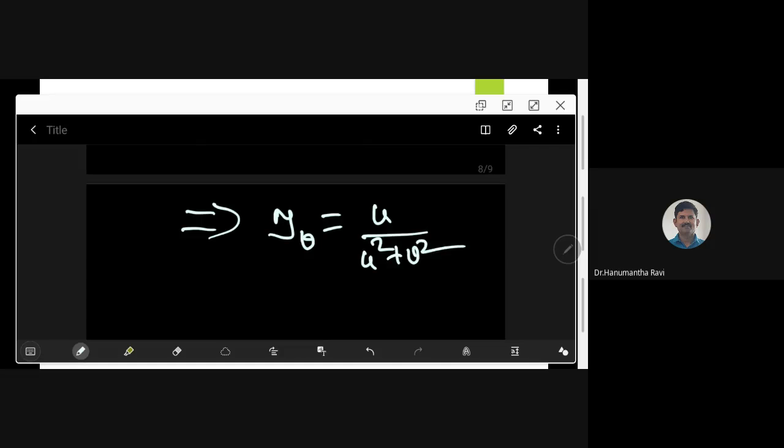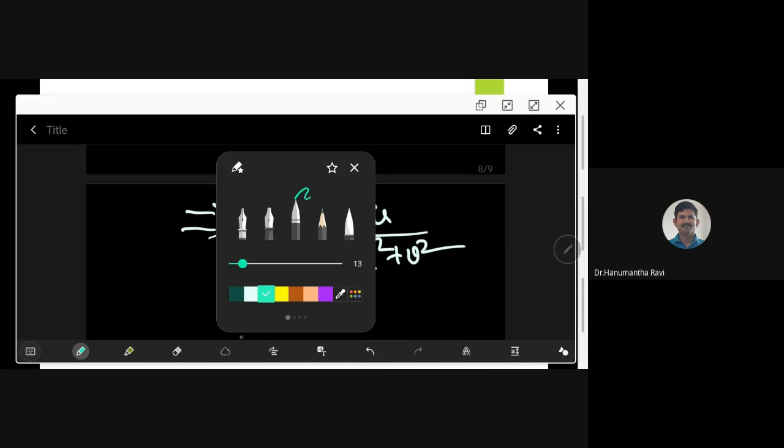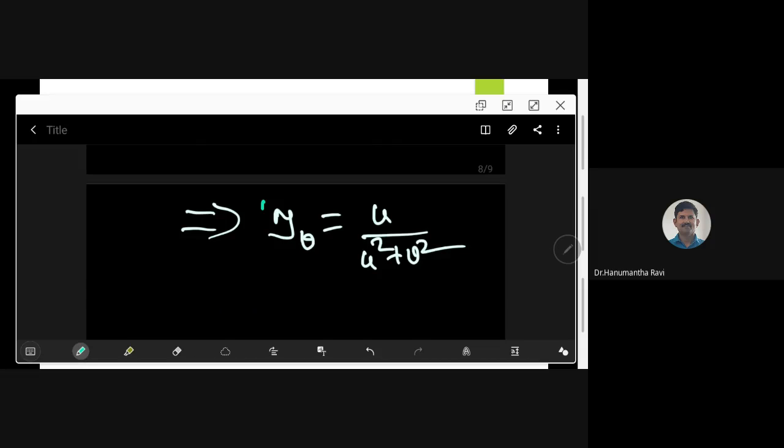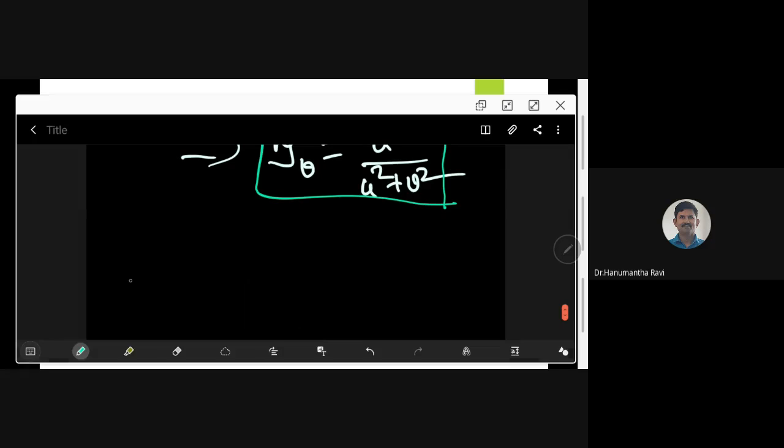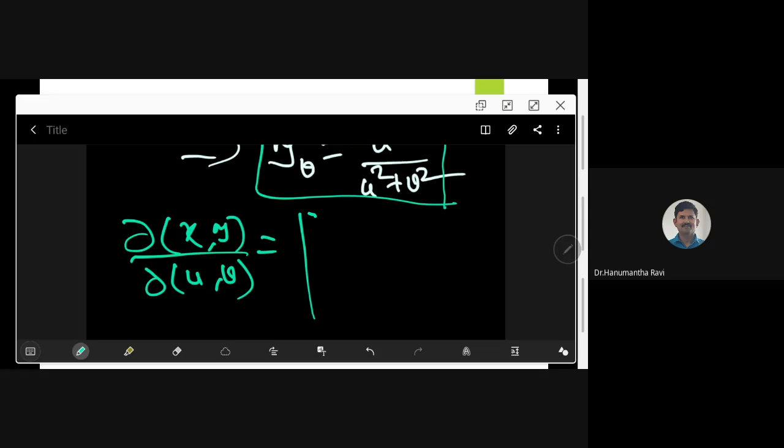Right, very good. So now this also needs to be highlighted, because why are we highlighting all these things? See here, I will tell you. We want to calculate this one, dou xy by dou uv. This Jacobian we want to calculate. What is the formula here? xu, xv, yu, yv.